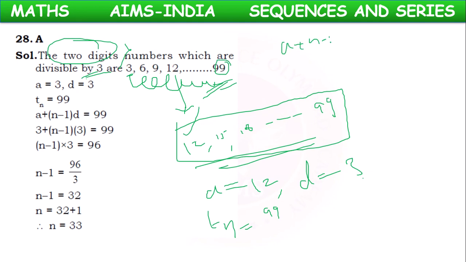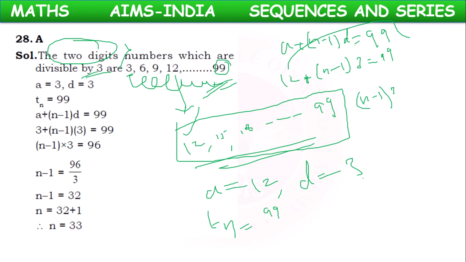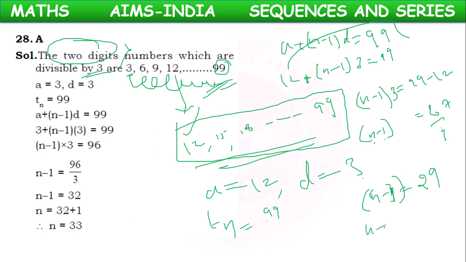So a plus (n minus 1) into d equal to 99, where a is 12, n we have to find out, d value is 3. 12 goes to that side, it becomes minus 12. (n minus 1) into 3 equal to 99 minus 12, which is equal to 87. n minus 1 equal to 87 by 3, which is 29. Or n equal to 29 plus 1, equal to 30.